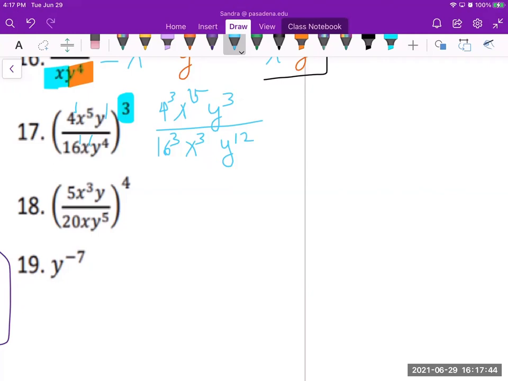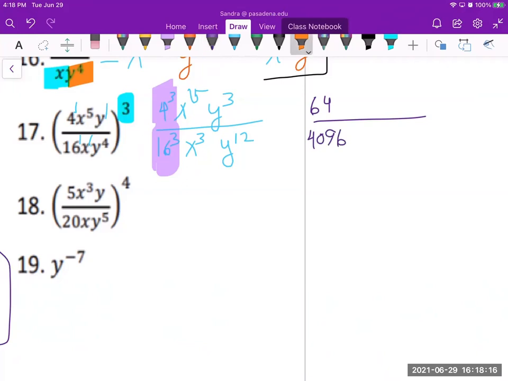I will do it for number 18. Using your calculator, we can work with the numbers. I'm going to use my calculator to find what 4 to the third power is equal to. That one is equal to 64. And then I'm going to do the same thing for 16 to the third power. That's 4,096.